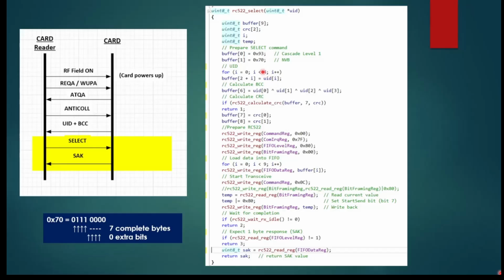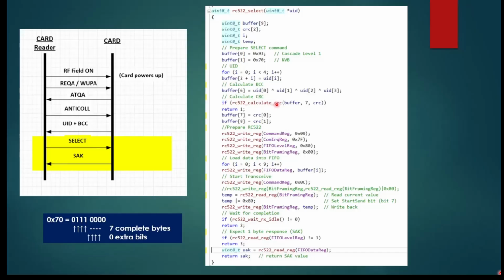We have 5 for the UID and BCC, plus 2, that's 7, and then we're expecting to get the CRC. So the message is put together as the command, number of bytes, the UIDs, the BCC, which is the XOR of the UID, and after that follows the CRC.